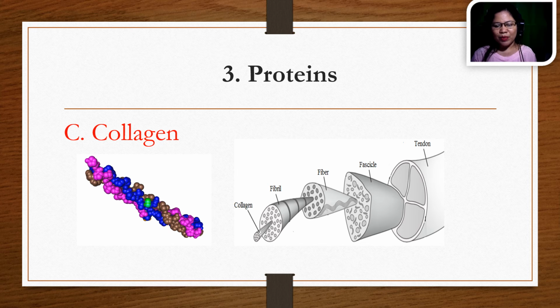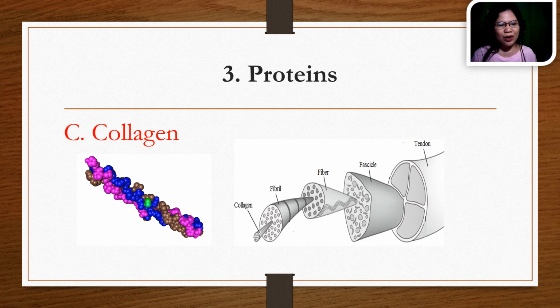Now, maybe you are familiar with the chicken, di ba? When you eat chicken, there are parts, the white part na kinakain nyo na very crunchy. Those are examples of collagen. Those are the protein part of the chicken that you are eating.